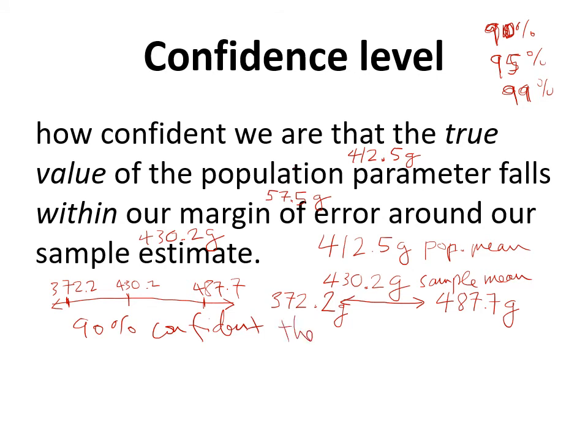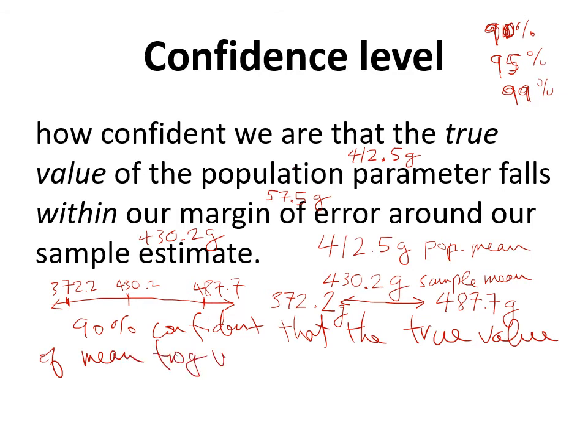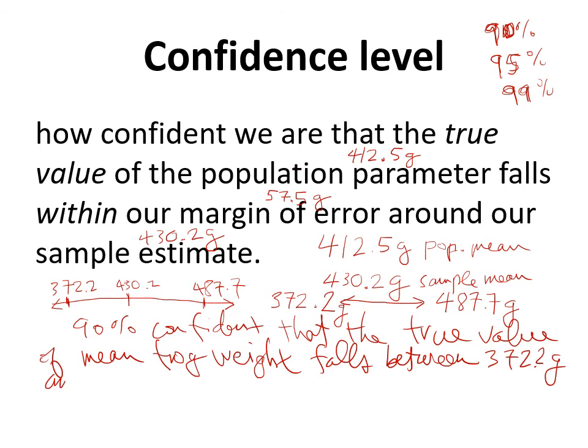that the true value of mean frog weight, so this would be the mean weight of frogs in that pond, falls between 372.2 grams and 487.7 grams, right?